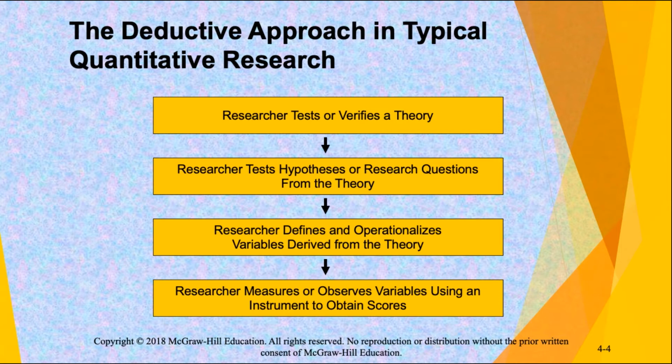After that, you test those theories by developing a hypothesis or research question from the theory. Then you define and operationalize your variables derived from the theory. You collect the data, you measure those variables using an instrument to obtain scores, like a questionnaire. And after you collect the data, you analyze the data, and you come out with a conclusion.